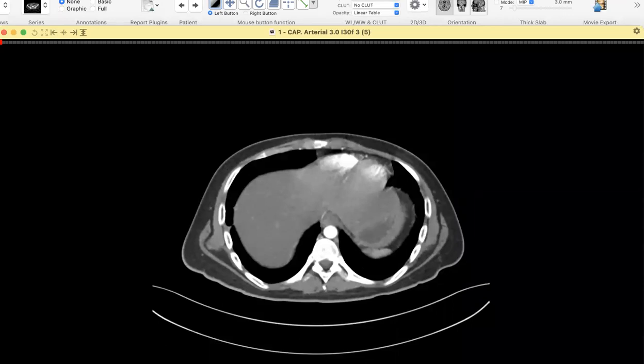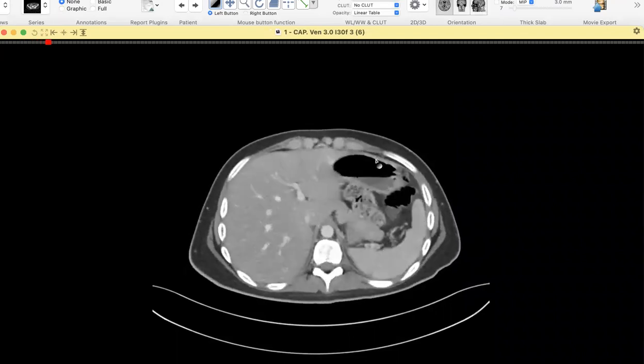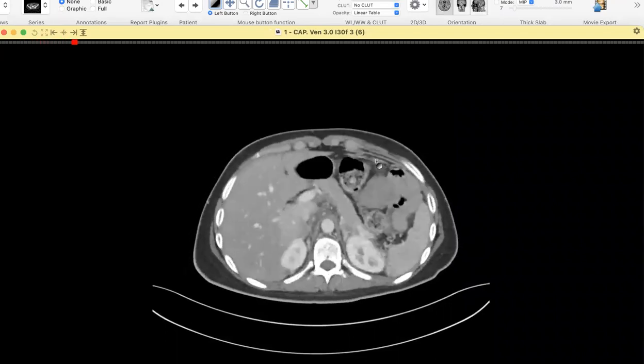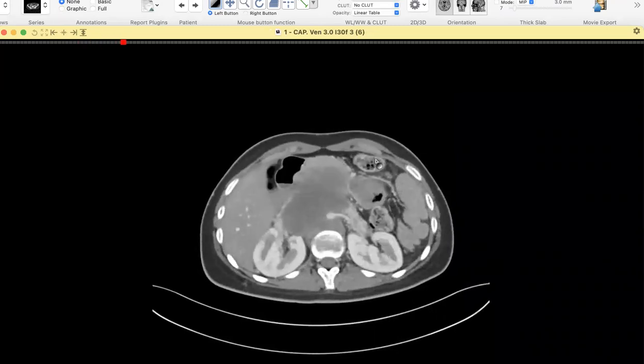Just one sec. Yeah, go ahead and scroll. So this is again a contrast enhanced CT scan of the abdomen and pelvis in the portovenous phase. The patient presents with abdominal pain.